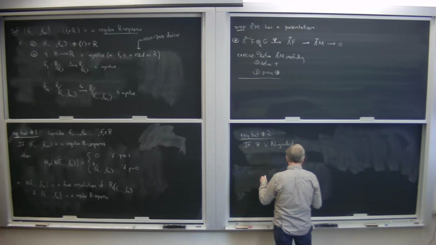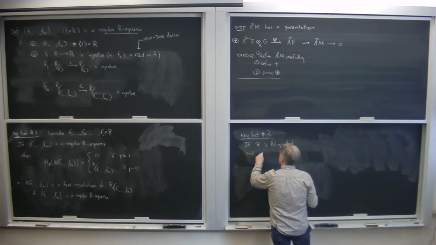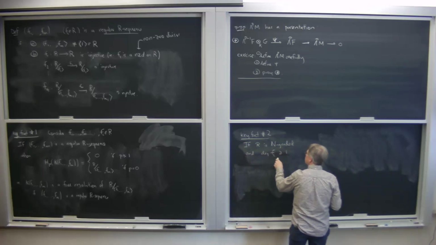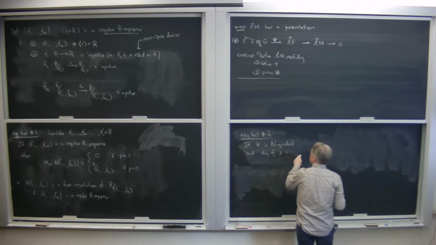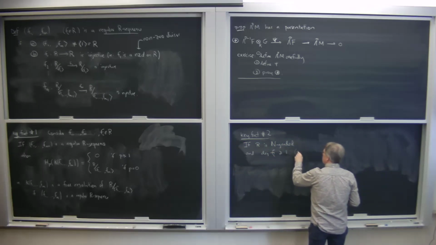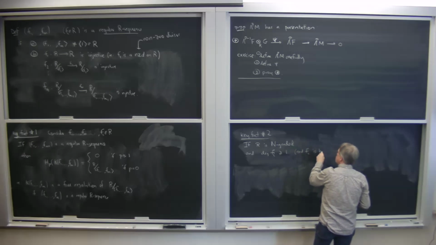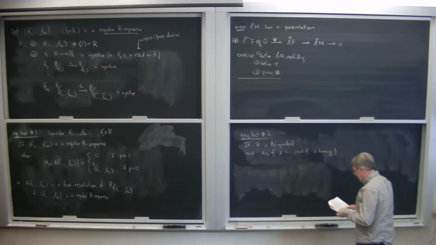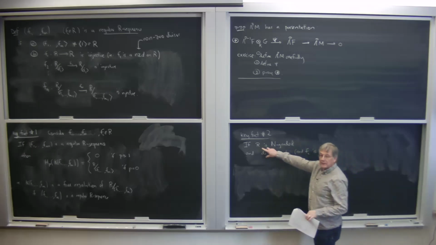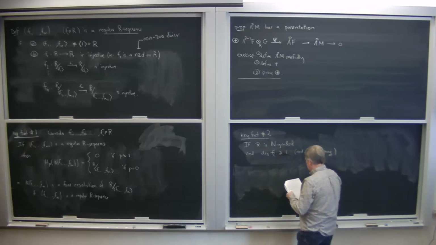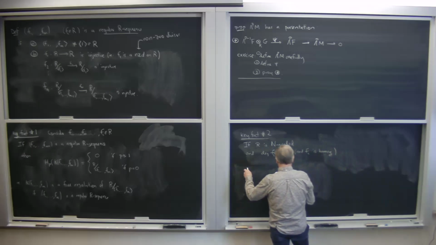If R is N-graded, and the degree of each fi is greater than or equal to 1, and therefore this means that fi is homogeneous. I'm thinking of the polynomial ring here, and just the usual degree, but it's slightly more general than that. Then the following are equivalent.